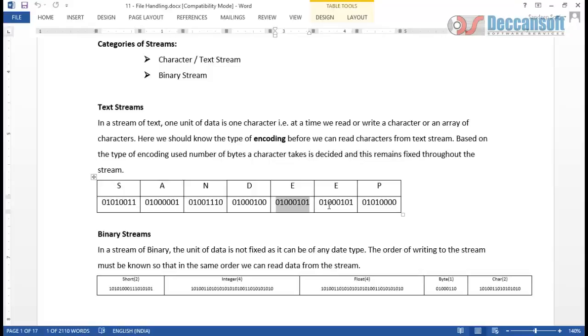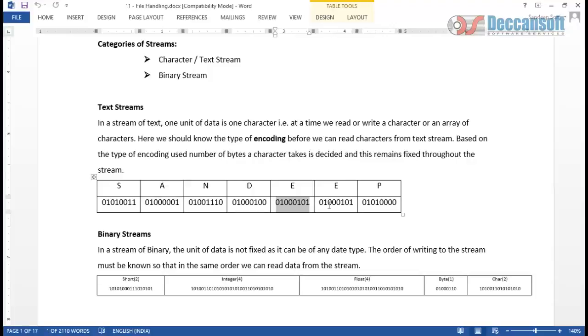Here we always know that from a text stream, the data should be read 1 byte at a time and that 1 byte should be converted to a character and displayed on the screen. So I repeat this point once again. A text stream is a special case of binary stream in which one unit of data is one character.